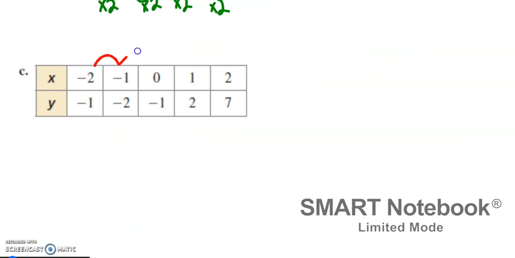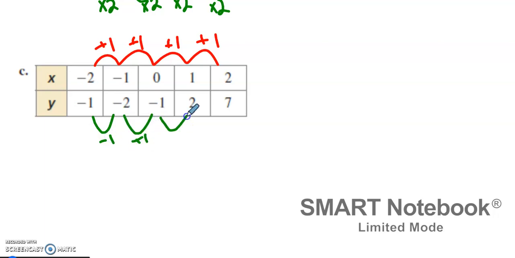Well, again, every single time in my x's, I'm adding 1, so it's perfect. And now let's look at my change in y. Well, I'm subtracting 1 here. I'm now adding 1. I'm now adding 3, and I'm adding 5.